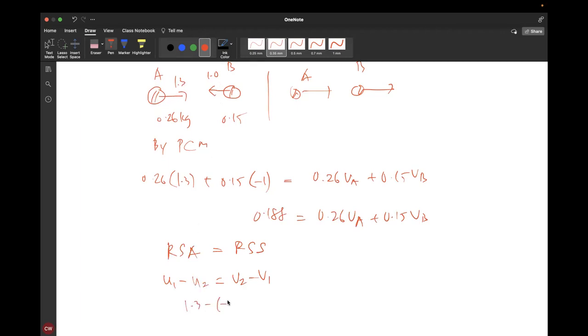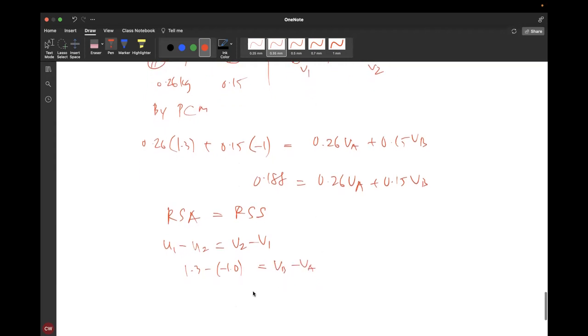The second object is negative 1.0 because of the negative direction. V2 minus V1 is still VB minus VA. It means VB is 2.3 plus VA. Now you need to solve these two equations.